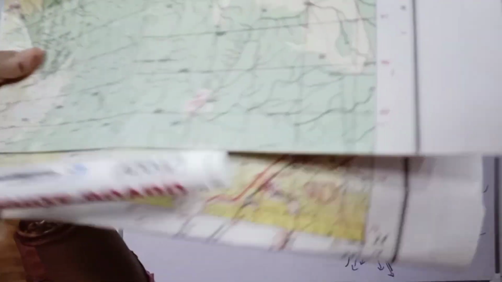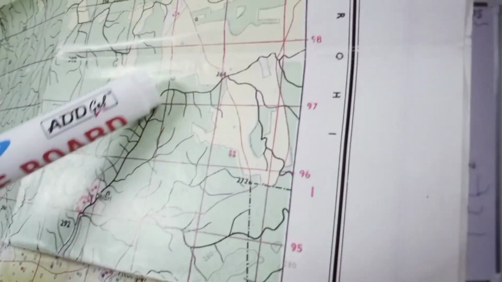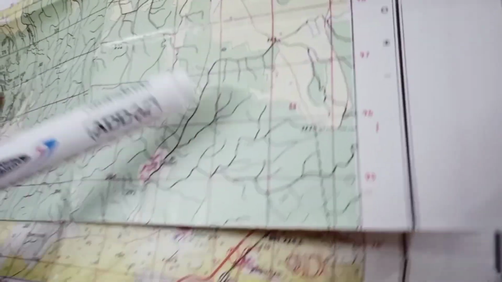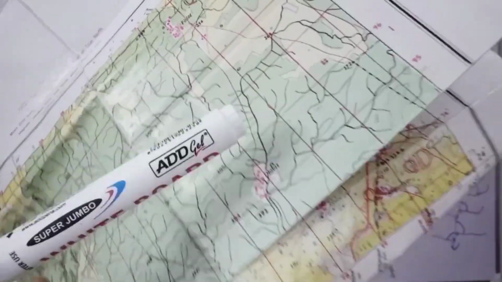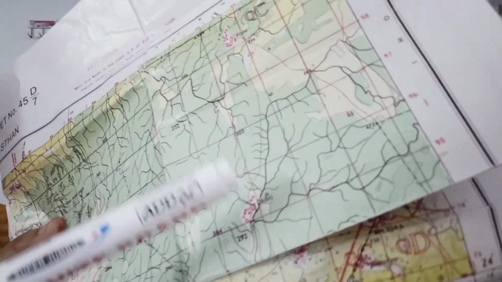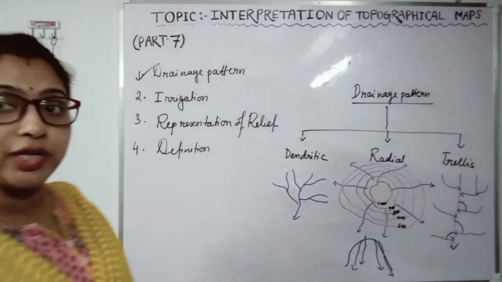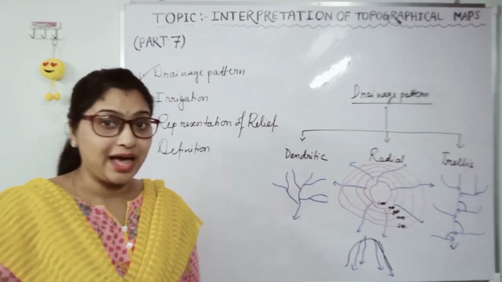Students, see this part. This is the main stream where the tributaries are joining at the right angle. Are you getting to see, students? Here is the right angle. This is the trellis pattern. This kind of question will be given to you in your exam.